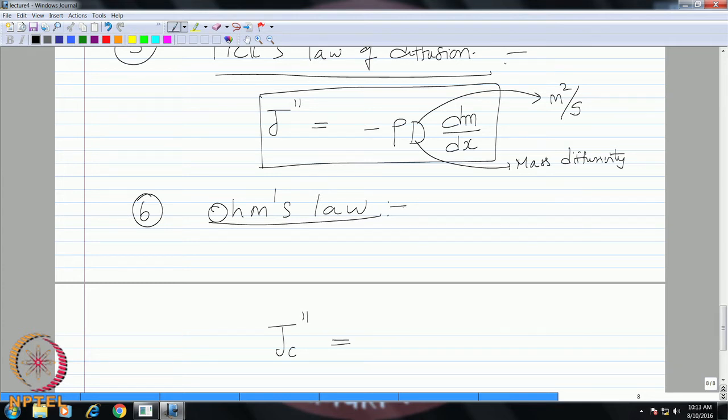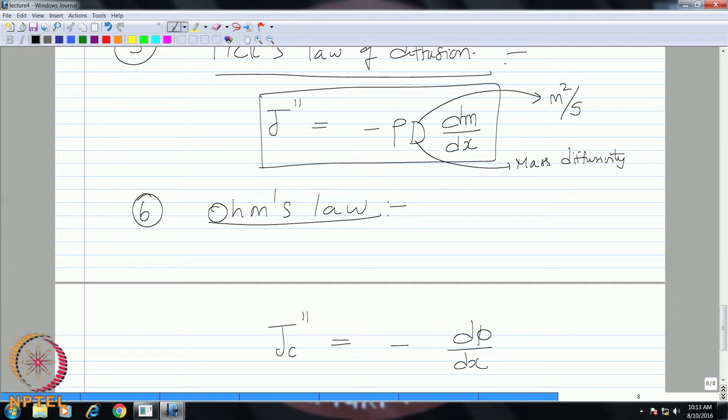Can we put it more fundamentally? Electrostatic potential difference. Okay. So, you have the gradient of electrostatic potential. So, we will say d phi by dx, and you have to again put a minus sign because the current flows from a higher potential to lower potential. So, the gradient will be negative.